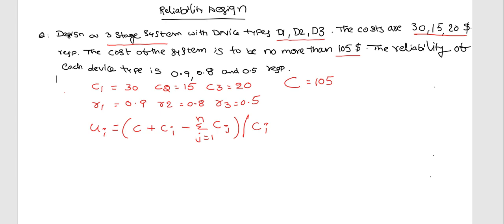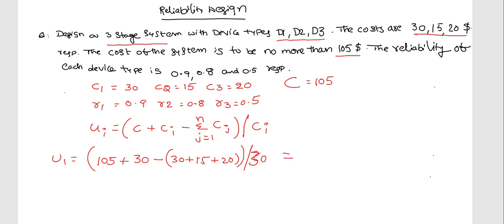First, calculate the upper bound for device 1, U1. So, what is the C? Total cost, 105. Device 1 means C1, whose cost is 30. Minus sigma j equals 1 to n Cj, where n is 3, which means we have 3 devices, so C1 plus C2 plus C3, divided by C1, which is 30.